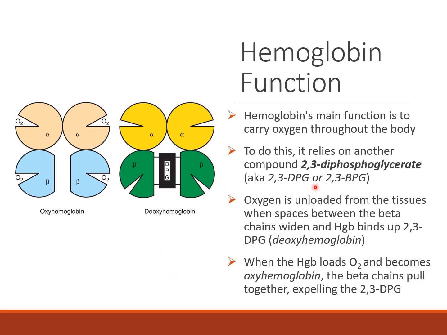So in circulation, it can go back, pick up more oxygen, and then another 2,3-BPG will insert itself in between the beta globin chains and pop it off again. So depending on the need, and remember, that's going to be caused by a decrease in oxygen, or hypoxia, occurring in the circulation.